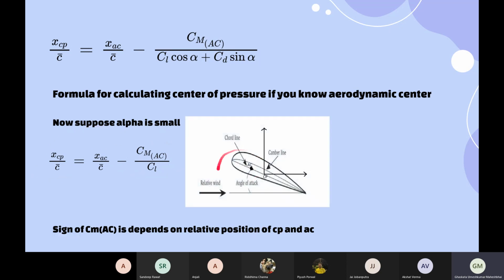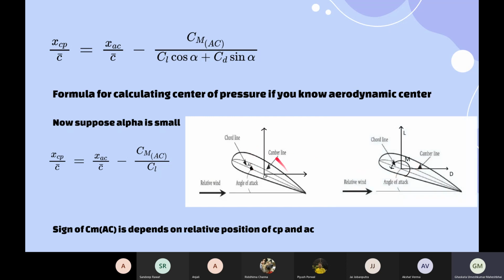Suppose the airfoil is situated at an angle alpha, with lift and drag acting at the center of pressure, and suppose the aerodynamic center is ahead of CP. Now we take this drag and apply it at the aerodynamic center, and we take this lift and apply it here. If we move the position of the force, then we have to apply a moment, right?